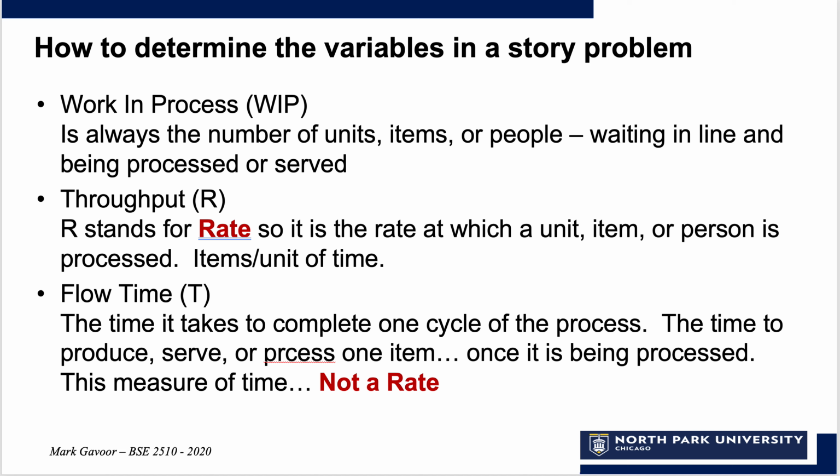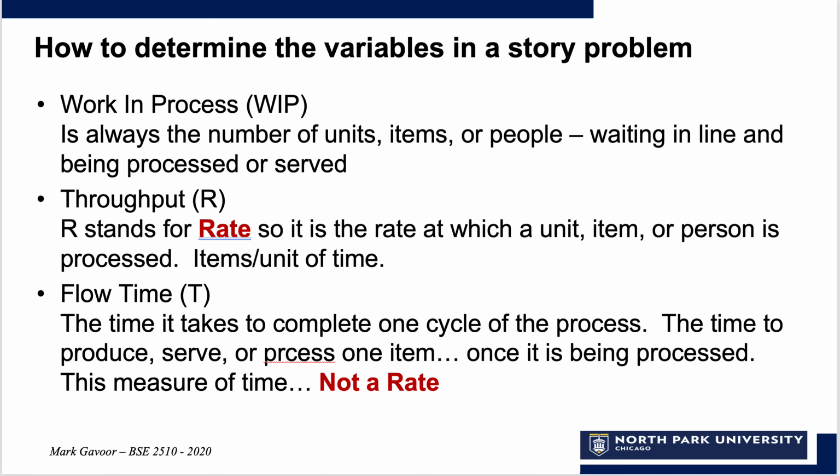How to determine the variables in a story problem, which is what all these problems kind of are. Well, work in process is always the number of units, items, or people waiting in line and being processed or served. It's how many are in the queue, how many are in the actual process of either waiting or being served. Throughput stands for rate. They use the word R. R stands for rate, so it's the rate at which a unit, item, or person is processed. It's items per unit of time, so it's always a rate.